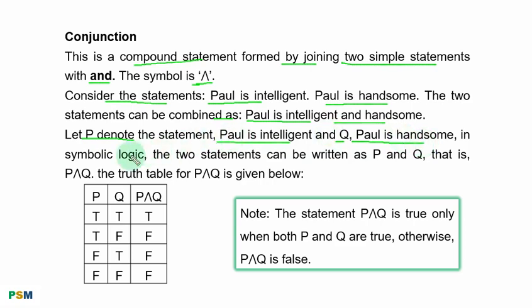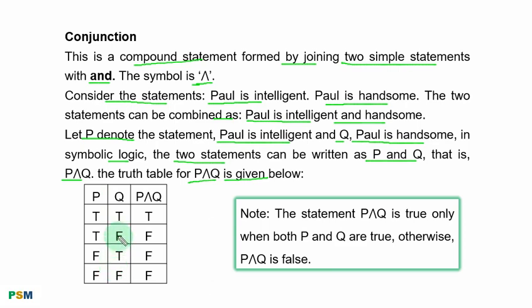In symbolic logic, the two statements can be written as P and Q. That is, P, the symbol for and, followed by Q. The truth table for P and Q is given below. You have the two statements denoted by P and Q. Then you have to arrange them in this form.